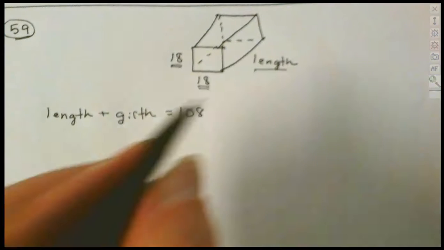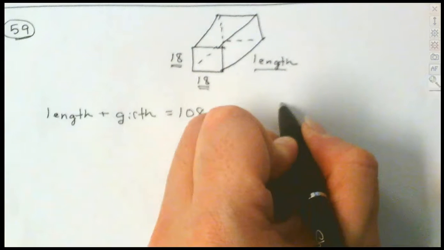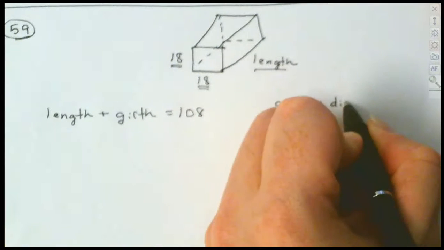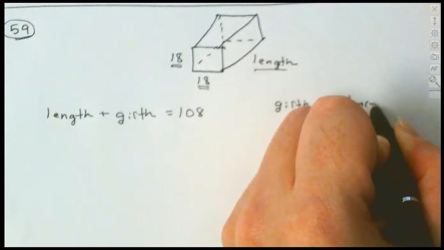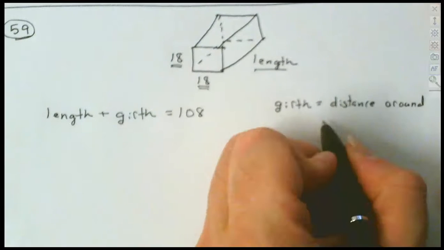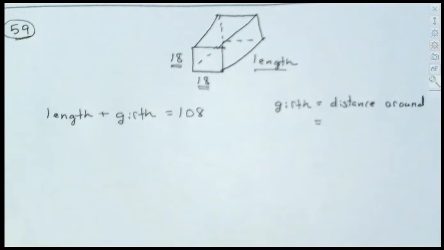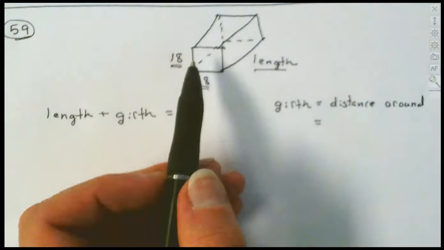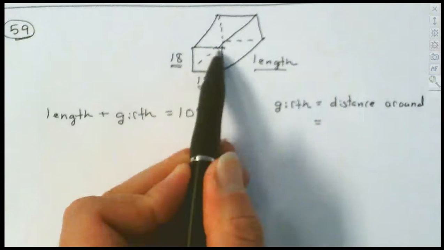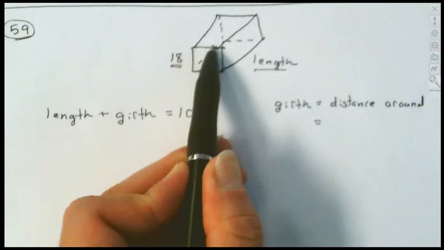And the girth is the distance around. So if I look at the distance around, they even give you a picture to kind of see. That's going to be this end here. So what's that going to be?